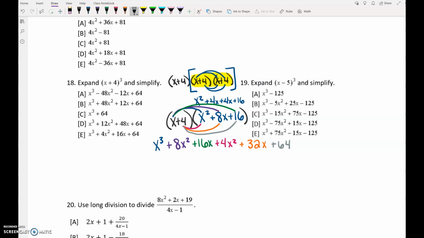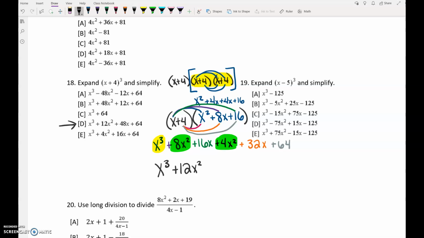Okay, now we need to combine like terms. X to the third, there's only one x to the third, so we've got x to the third. X squareds, we've got 8x squared and 4x squared. 8 and 4 makes 12. And honestly, once you get to this point, do you see how you already can see where the answer is?